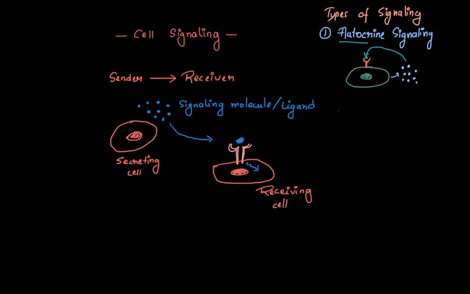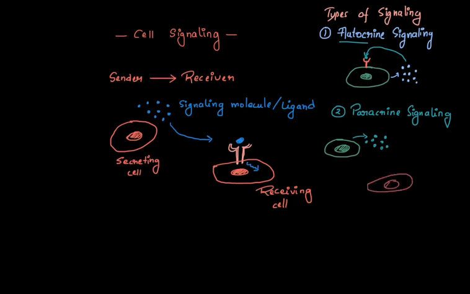The next one is paracrine signaling. Now in paracrine signaling, you have this cell which is secreting the signaling molecule, and there is another cell which is not so far from this cell which is secreting the signaling molecule, and this cell would have a receptor which would act as the receptor for this molecule.